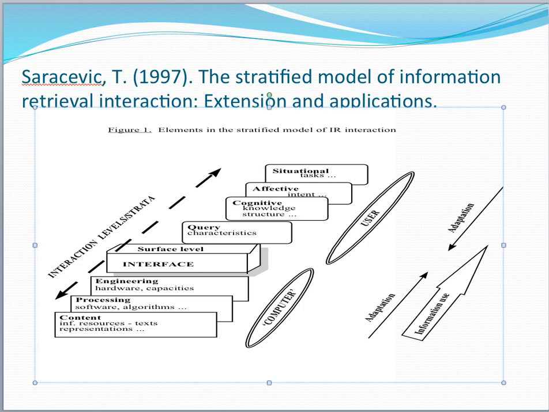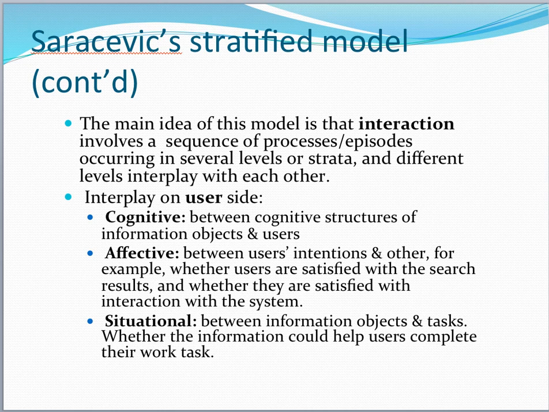Let's see how they explain this model, the stratified model. The main idea of this model is that interaction involves a sequence of processes and episodes occurring at several levels, or strata, with different levels of interplay with each other. Interplay on the user side, and I think this is where there is more flexibility.